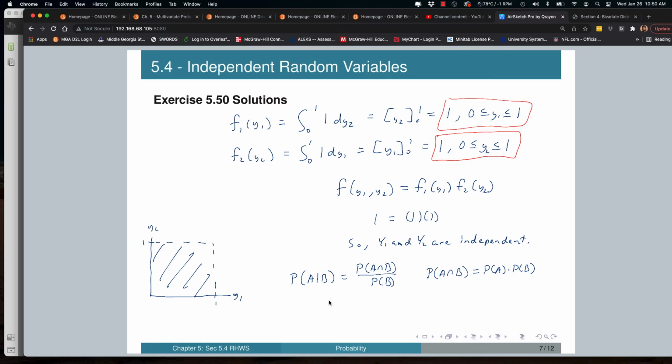And so if we solve this for the probability of A, we get the probability of A is equal to the probability of A and B divided by the probability of B. Therefore, if two things are independent, it doesn't matter what the given is, they still equal the probability of A. And so that's why it's really not a shocker here, okay?